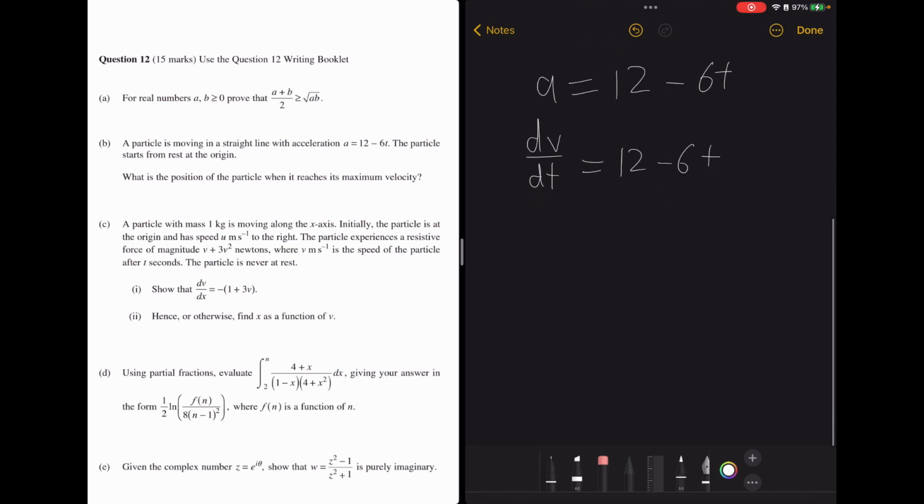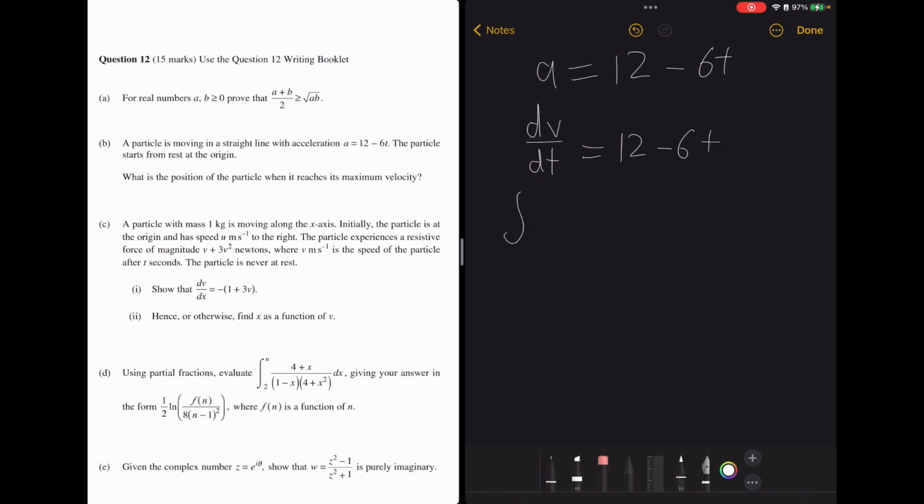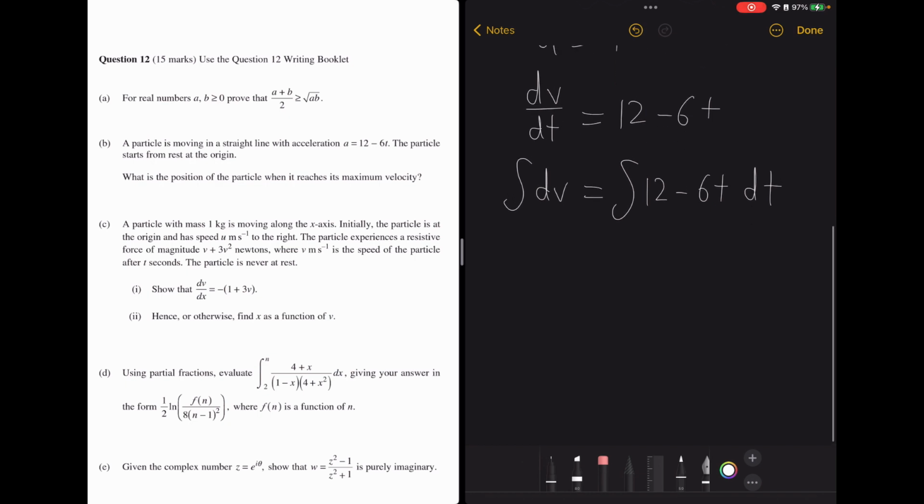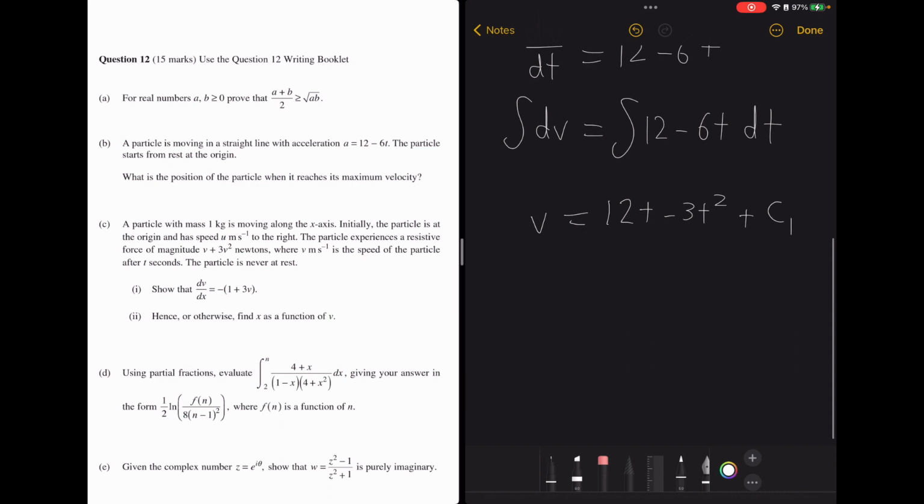So using this, we can just directly integrate both the left and right hand side, with dt going to the other side. Now the left hand side integrates to v, and the right hand side integrates to 12t minus 3t squared plus, let's use c1 for the sake of it.